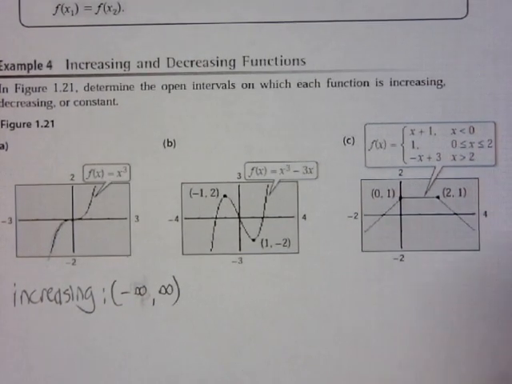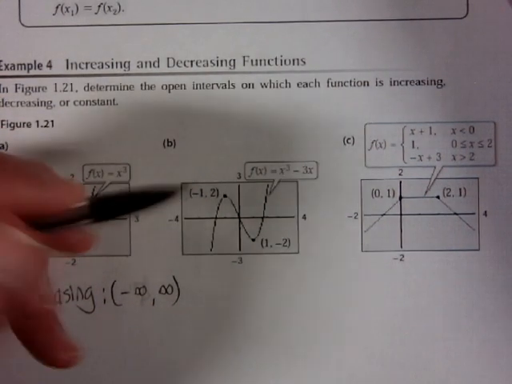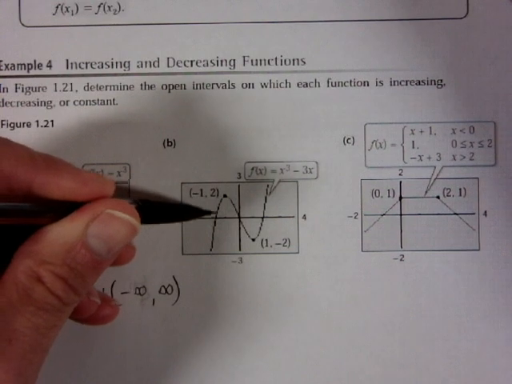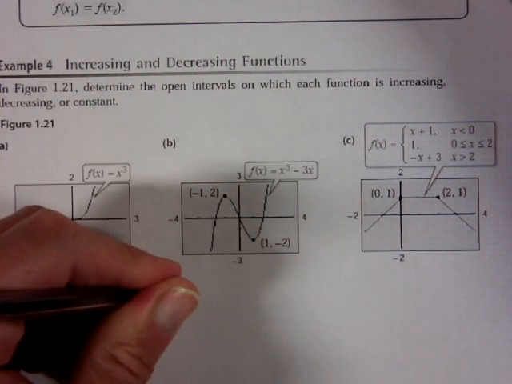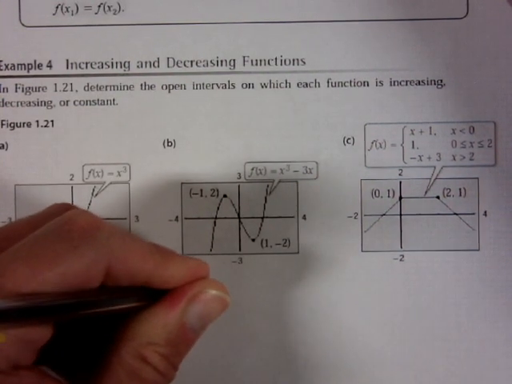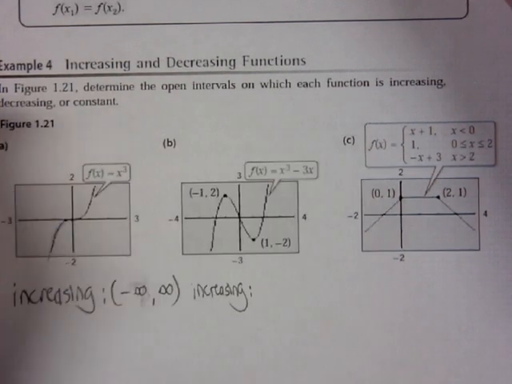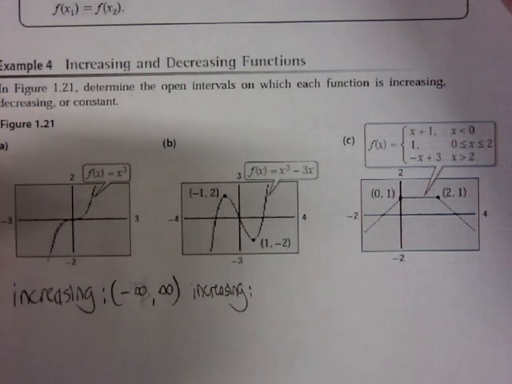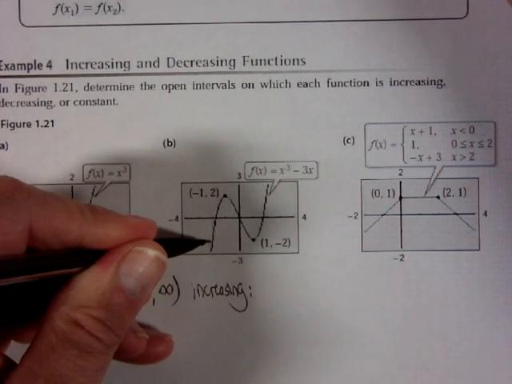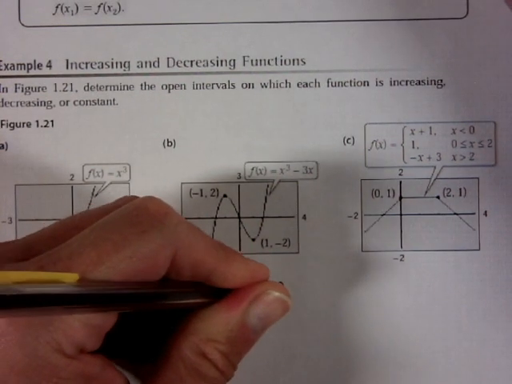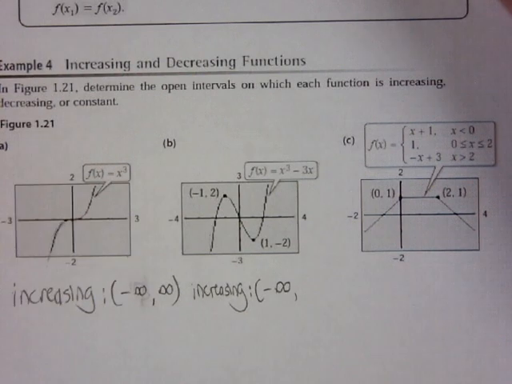Okay, if we slide over and take a look at the next one now, on this particular one, if we start reading it from the left, we see that it begins by increasing, so we'll write that out first. Now let's see over what interval this one is increasing. It starts out increasing from negative infinity, so I'll write that out. Now let's see where it stops increasing.